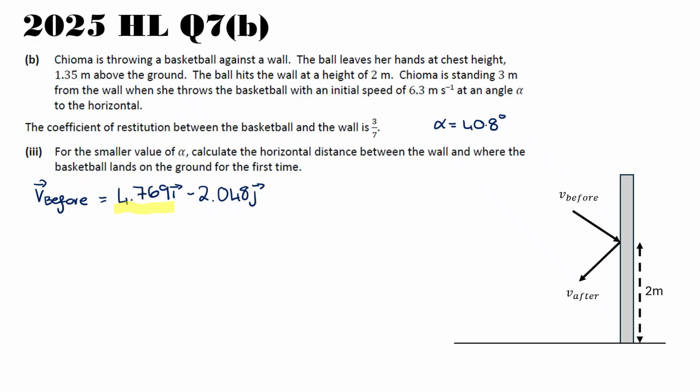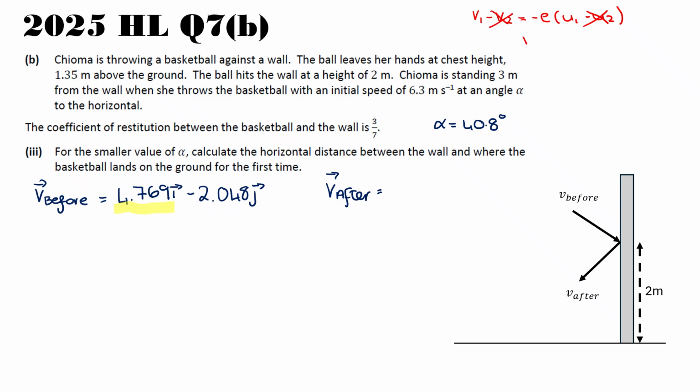So our new velocity, the velocity after, is going to be working with the i, putting in the coefficient of restitution. If you want to use the formula in your log tables, we can. It just needs a slight edit. On page 51, we have that v1 minus v2 is equal to minus e times (u1 minus u2), but we don't have a second particle, or you can think of it as the wall's not moving, so they're zeros.